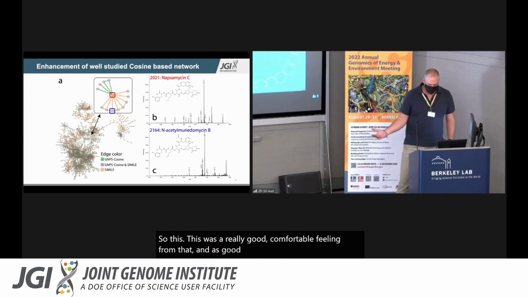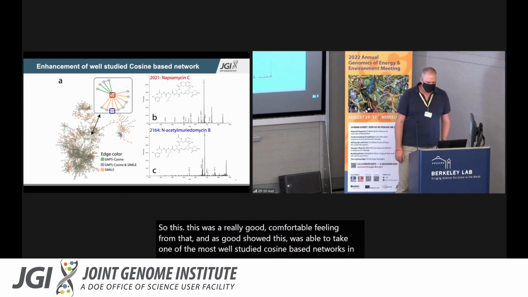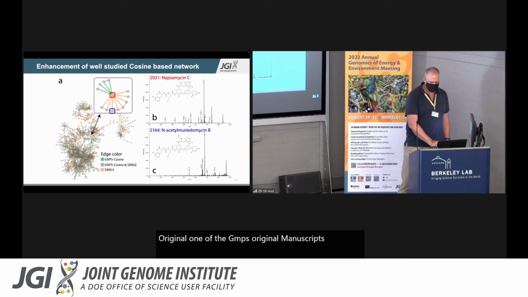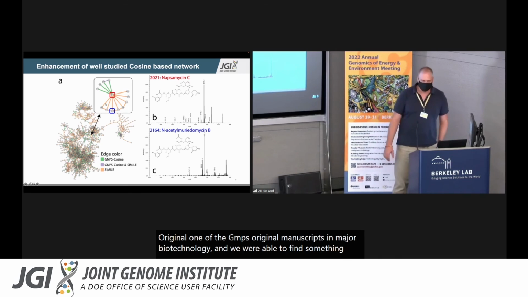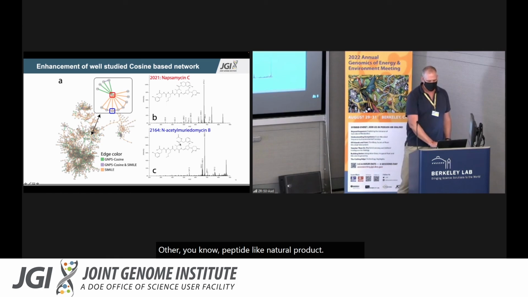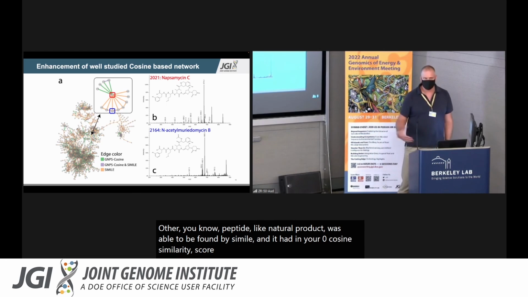And as Trent showed, this was able to take one of the most well-studied cosine-based networks in the world, one of the original GNPS manuscripts in Nature Biotechnology. And we were able to find something new in this well-studied network. So this other peptide-like natural product was able to be found by SIMILE, and it had a near zero cosine similarity score, whereas the SIMILE score was sky high. So that was comforting.